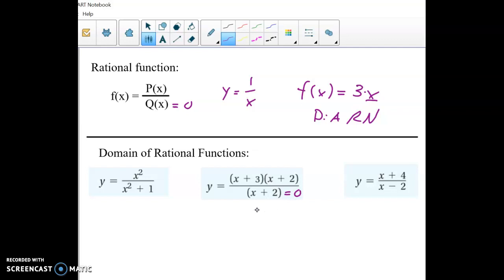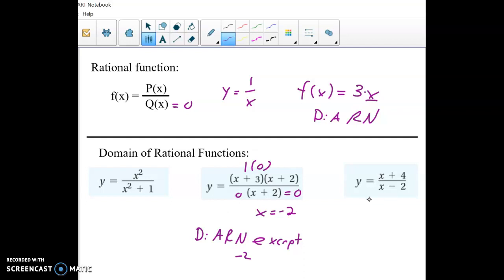If I set that equal to 0 and solved it, I would get negative 2. So basically our domain here is going to be all real numbers except negative 2, because you can't divide by 0. If x is negative 2, we'd have 1 times 0 on the top, and then we'd have 0 on the bottom, and we'd be dividing by 0, and it'd be a problem.